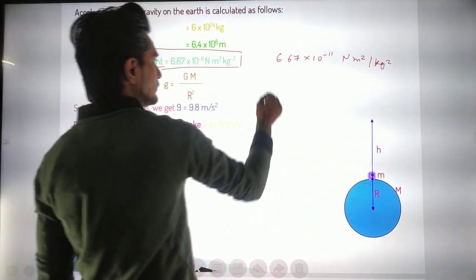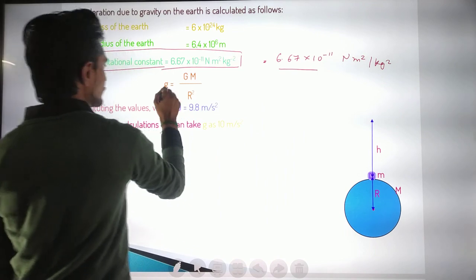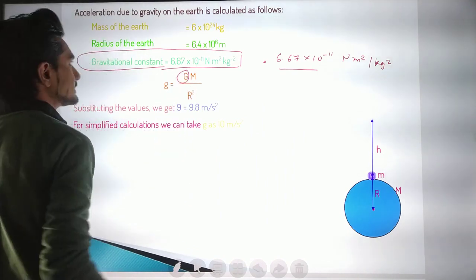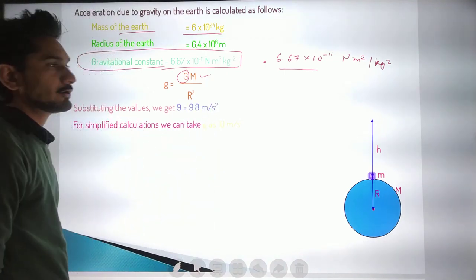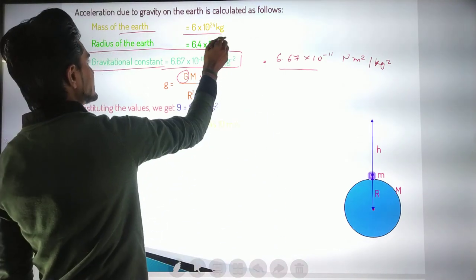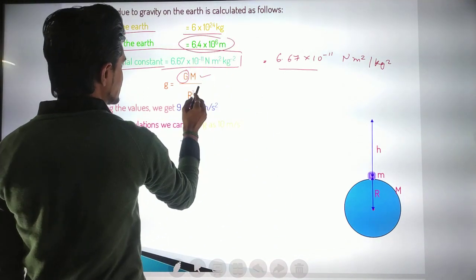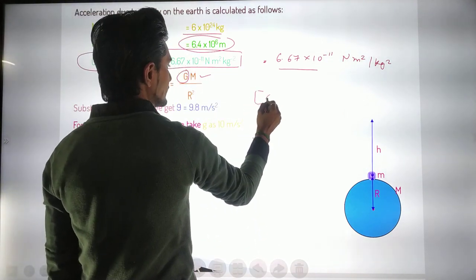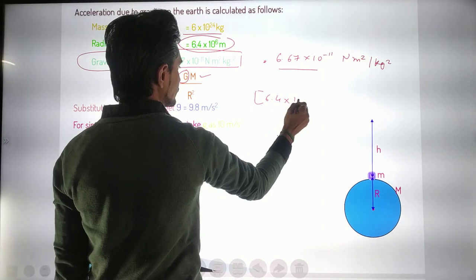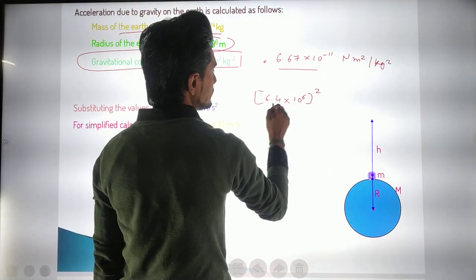This is the value of capital G. We are going to put that here. Then the mass of the earth is 6 into 10 raised to 24, and the radius is 6.4 into 10 raised to 6, and we also have to square it. So we write 6.4 into 10 raised to 6 whole square.